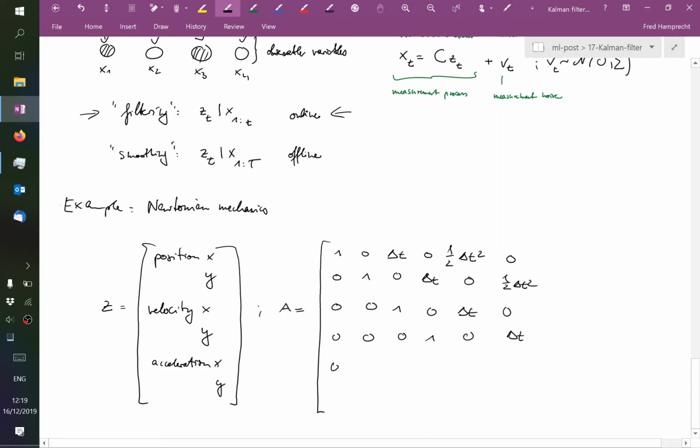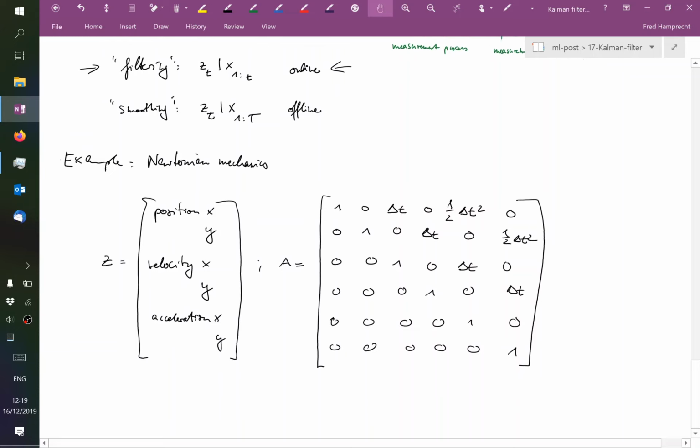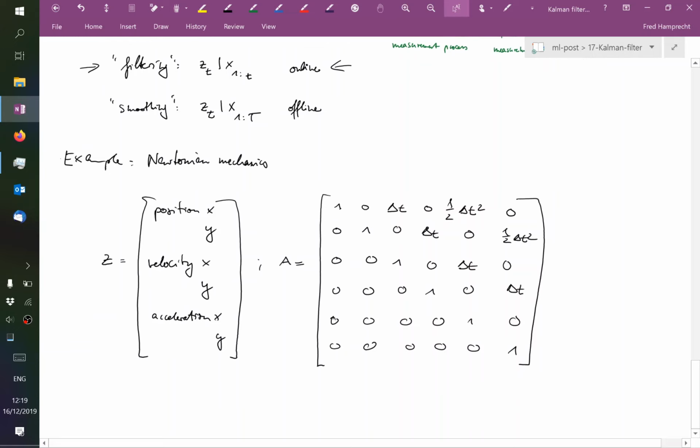And we assume that the system has constant acceleration. So that would be the matrix A, which, when I apply it to the previous hidden state, extrapolates or gives me a prediction for my new hidden state.